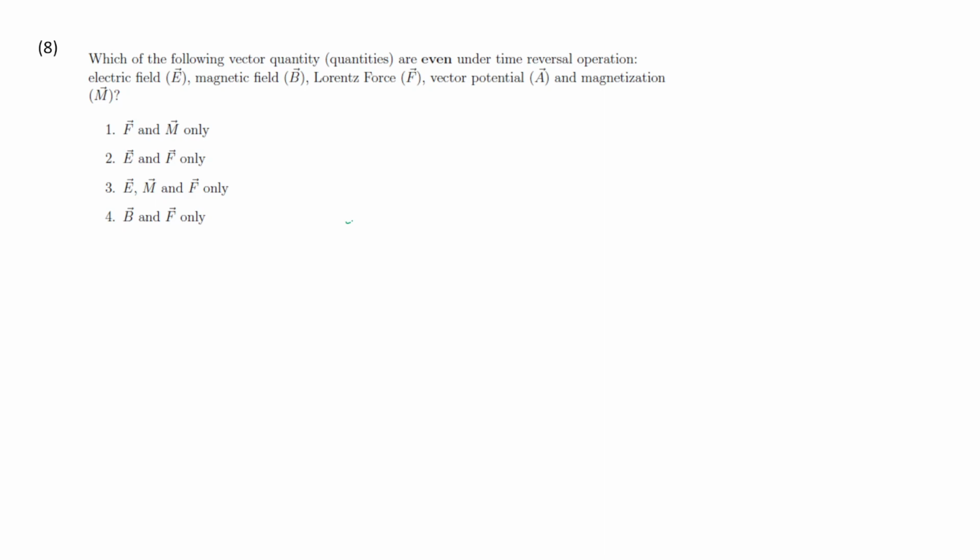Imagine that an electron is stationary. It will emit some electric field E. This field will still be there if you reverse the time.